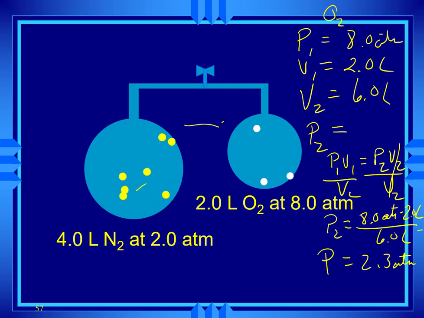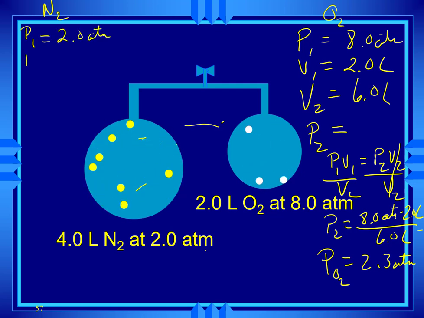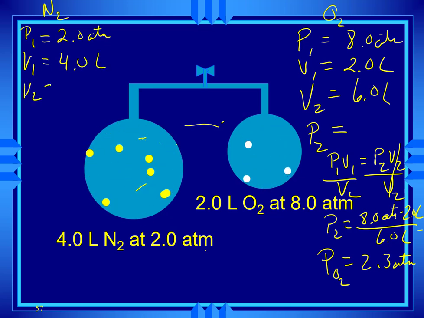What about the N2? Well, for N2, the same thing was true. P1 was 2 atmospheres. V1 was 4 liters. V2, the nitrogen has the same 6 liters to move around in.